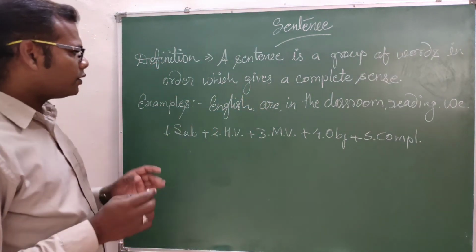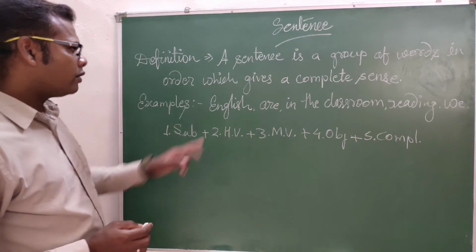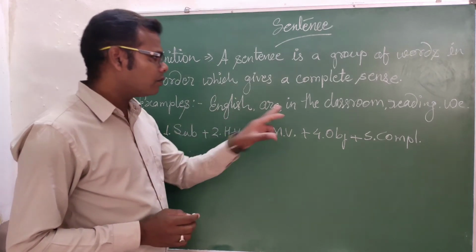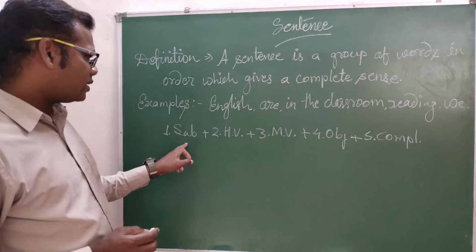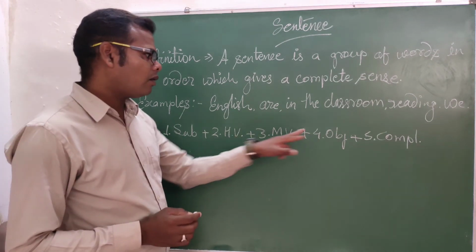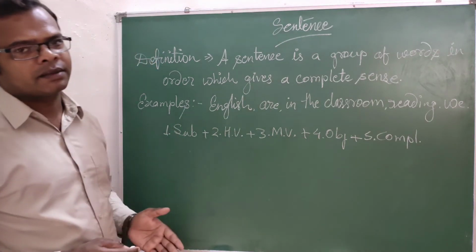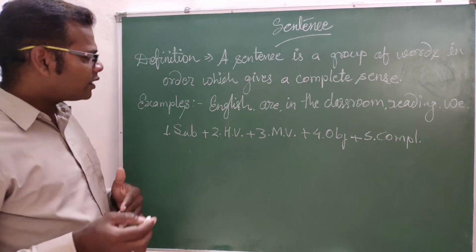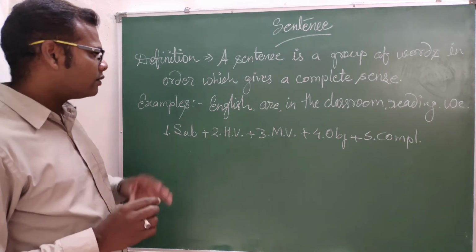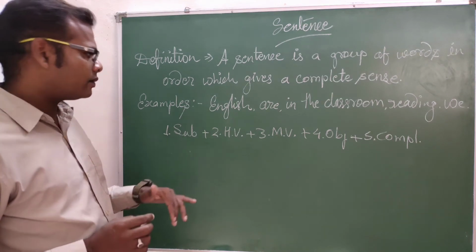So at first what you need to do is to identify from these words the subject, helping verb, main verb, object and complements. I will tell you how to identify the words one by one.